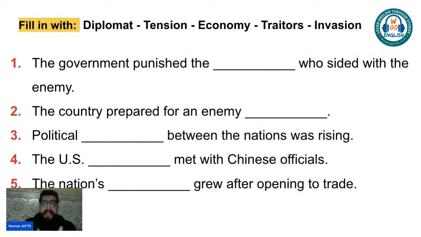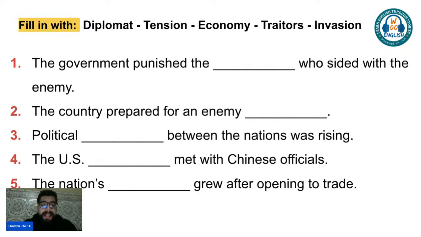So can we use these words in these sentences here? For example, number one: the government punished the blank who sided with the enemy. Is it diplomat, tension, economy, traitor, or invasion? Number two, the country prepared for an enemy blank. Number three: political blank between the nations was rising, meaning was going up.